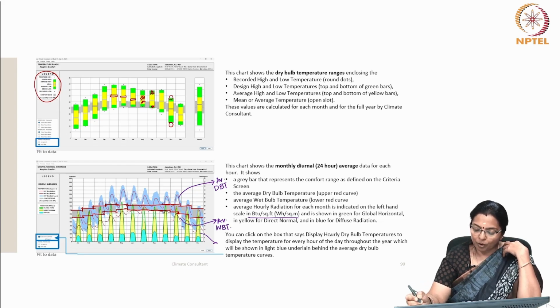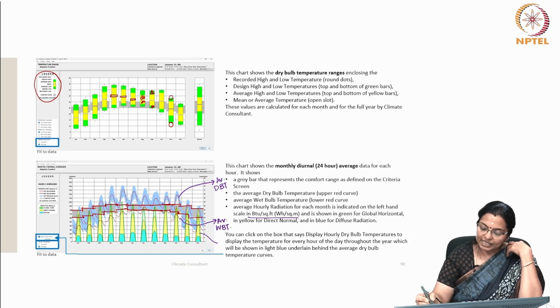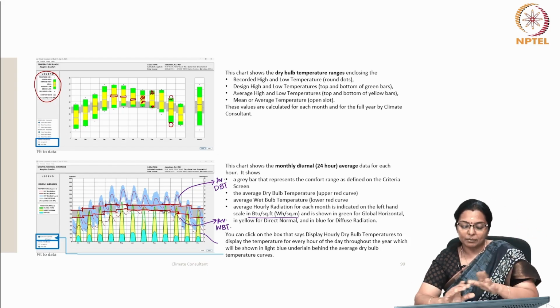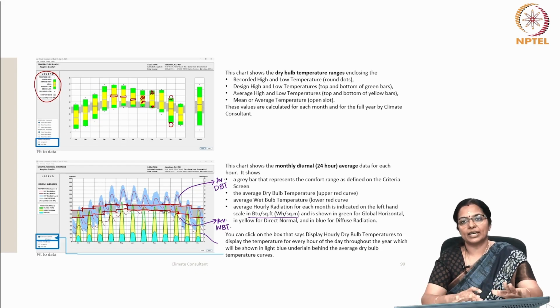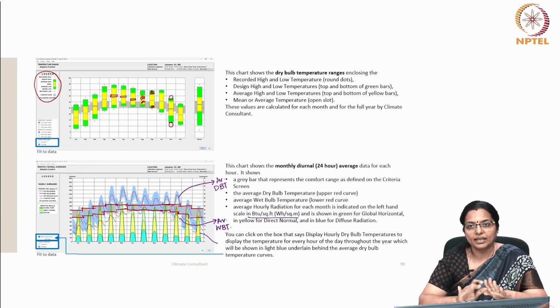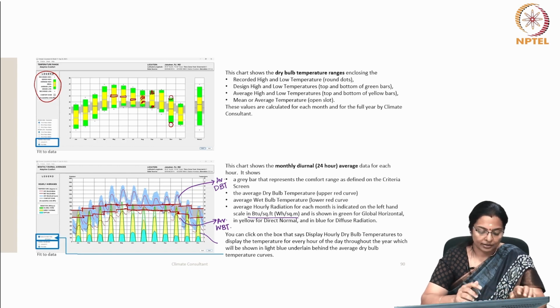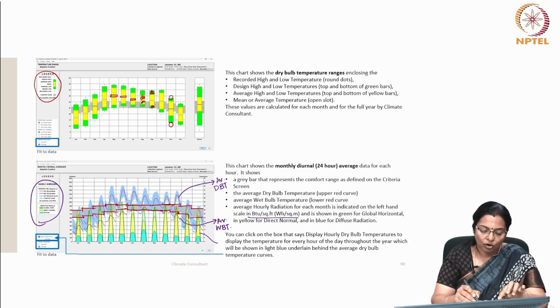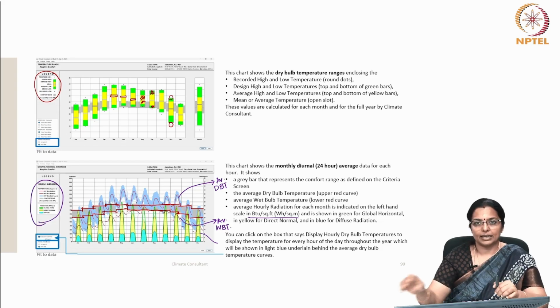You can click on the box here that says display hourly dry bulb temperature, and then the temperature for every hour of the day throughout the year will be shown in light blue behind the average dry bulb temperature curves. But it will be too confusing because too much data will be presented on this chart. This legend gives you the meaning of all these curves and colors in detail.